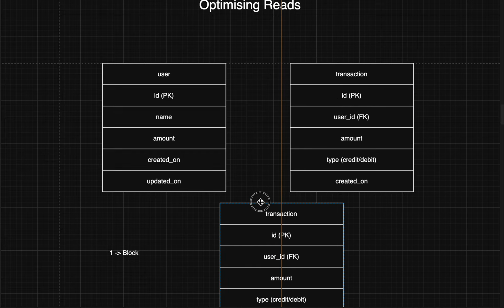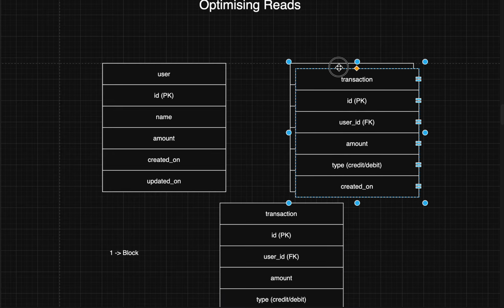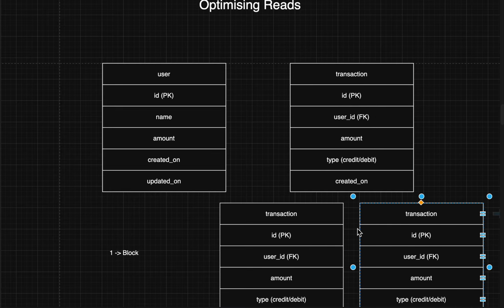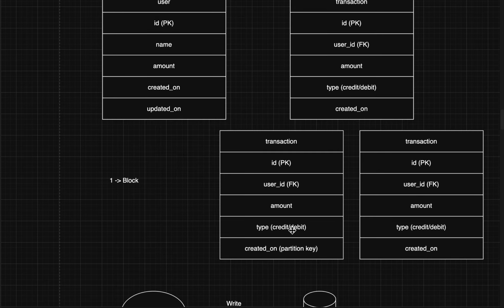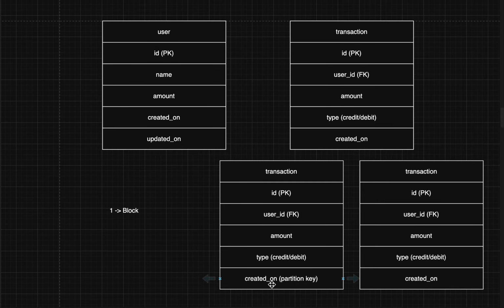We can create different partitions based on created-on month, and use it as the partition key. So for every month of data we save one table: for August there is one table, for September another transaction table, for October another, for that year. So for month and year we can create a transaction table.